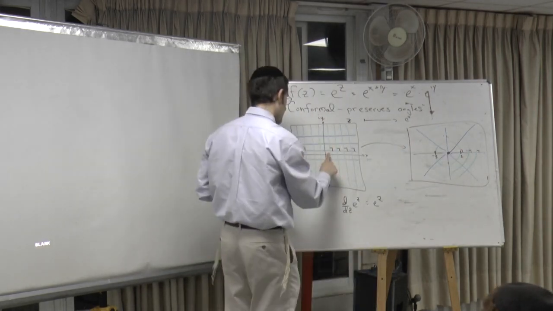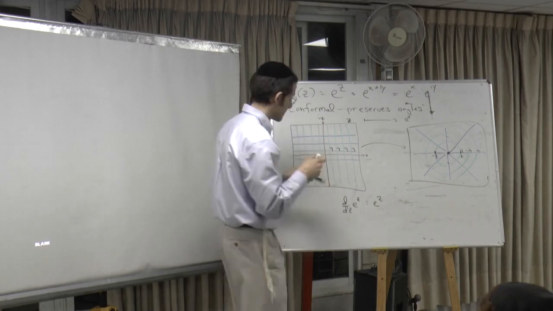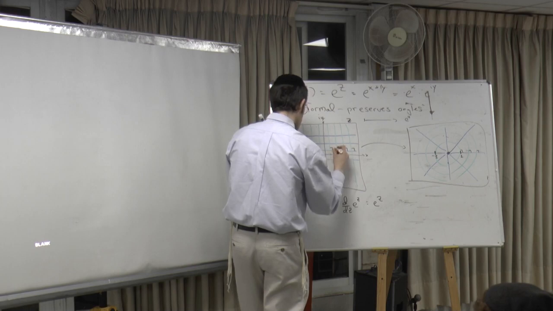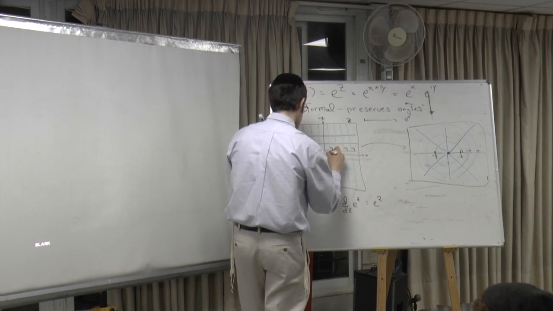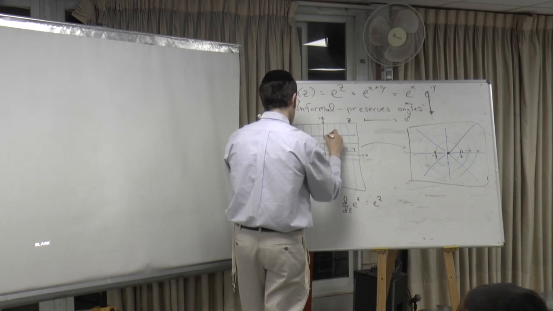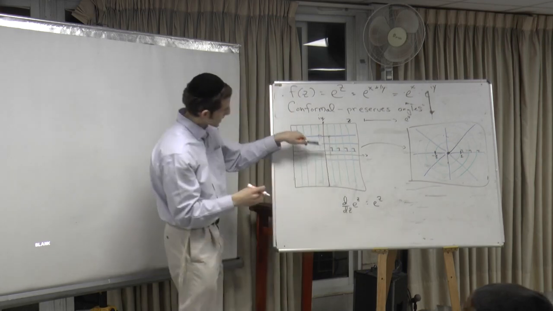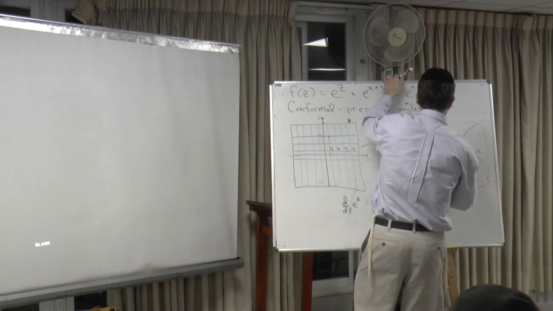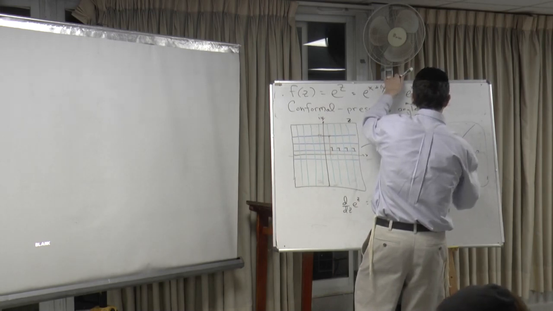So you can start from here and go up to, let's say, pi, right? And if we take that little segment, it's going to be wrapped around here, from here, all the way over to here.